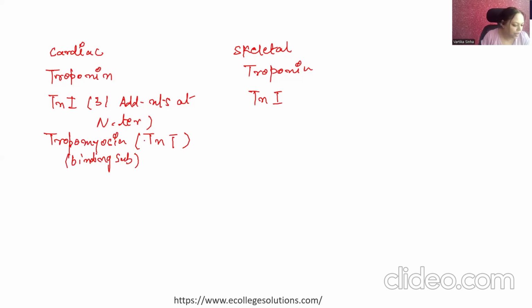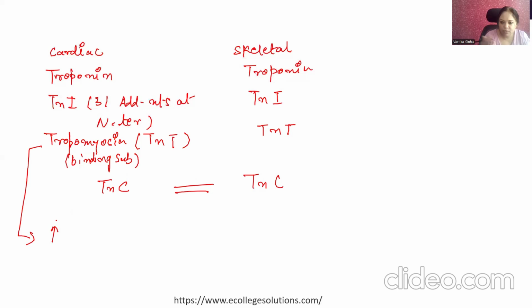And here also, it is the same TNT, right? But they talk in the next part about how the TNC of the cardiac muscle is equal to the TNC of the skeletal muscle. And then they told that the tropomyosin binding subunit is upregulated.